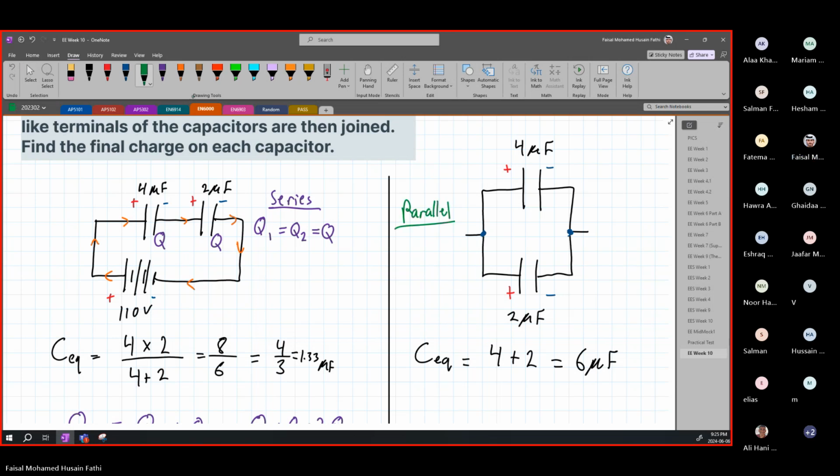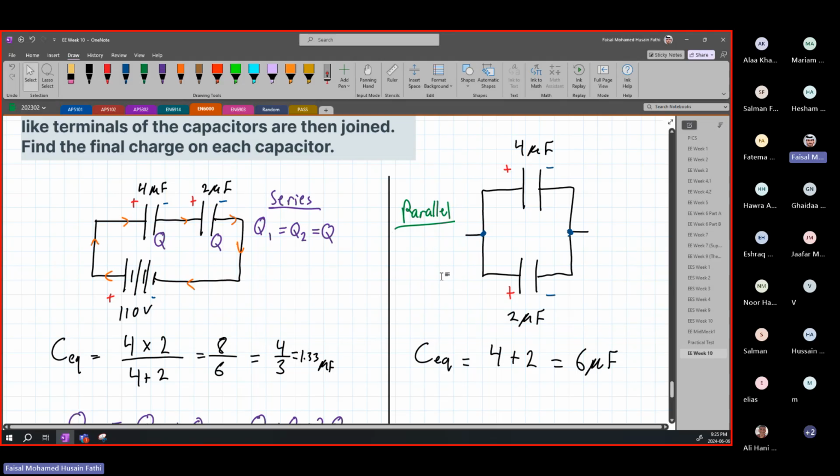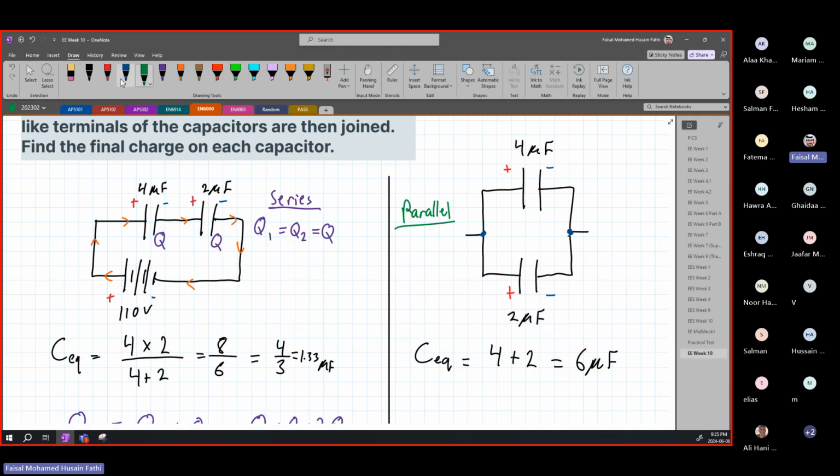In a parallel connection, your Q is not the same at all. The Q will now be different, which is your charge. Then the charge going here, there is no specific rule for charge. However, what do we know about a parallel connection?